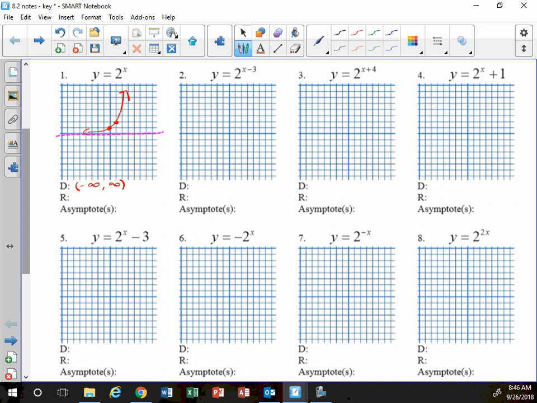And what about the range? 0 to infinity. Do you think the 0 is included? It's not. We approach that horizontal asymptote, but we don't actually cross it this time. So 0 to infinity. And then what's the equation of my asymptote? Yeah, y equals 0. Good.